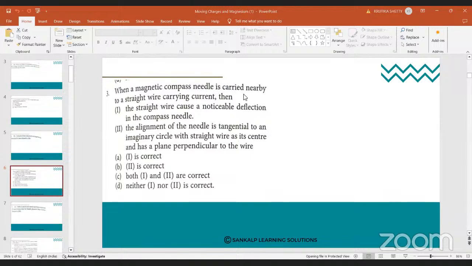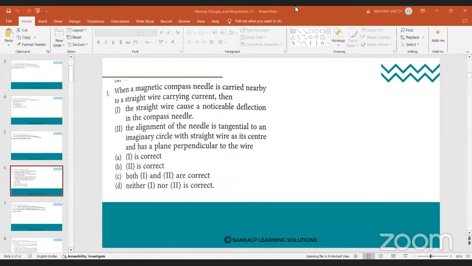When a magnetic compass needle is carried near a straight wire carrying current, the straight wire causes a noticeable deflection in the compass needle. That is the first statement. The second statement is that the alignment of the needle is tangential to an imaginary circle with the straight wire as its center and has a plane perpendicular to the wire.